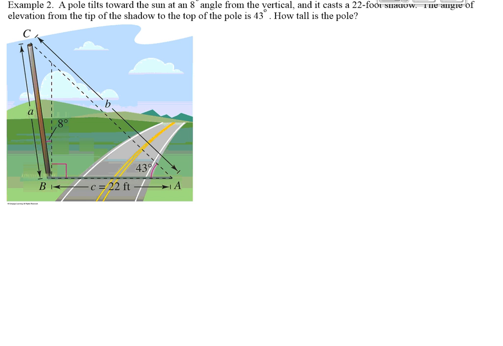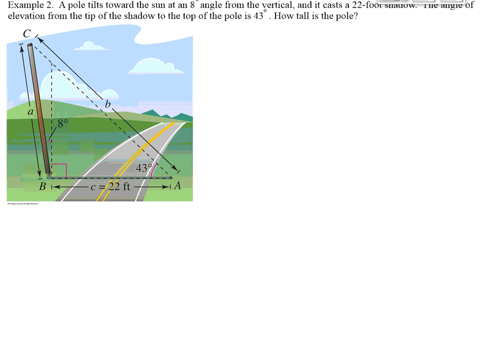So, the book authors drew this picture, so I've left it here for you. But there's our pole tilting 8 degrees from vertical. And so this is a 98-degree angle. So obviously not right. And we are 22 feet away is that shadow that we're getting.